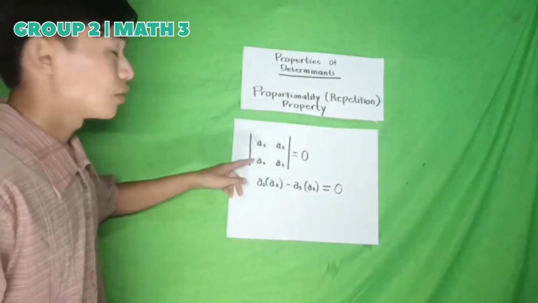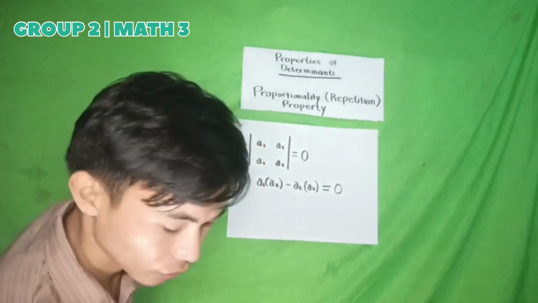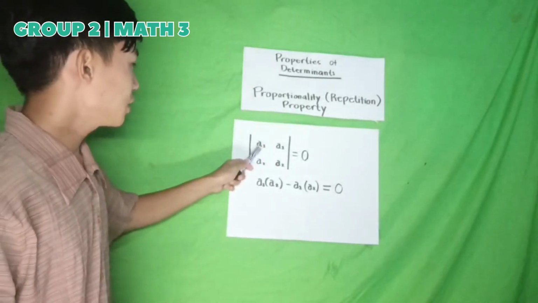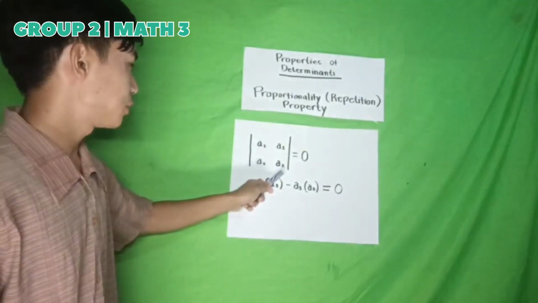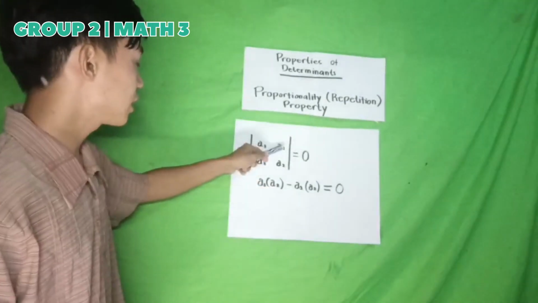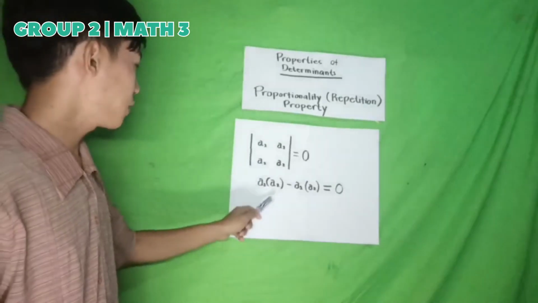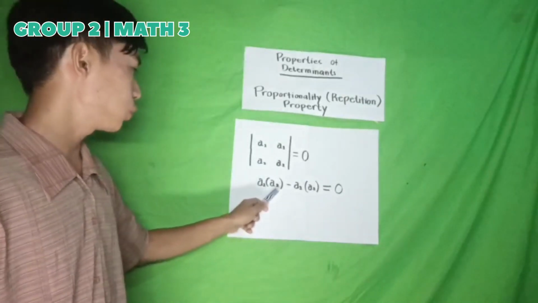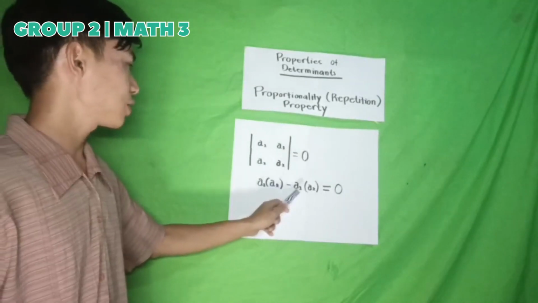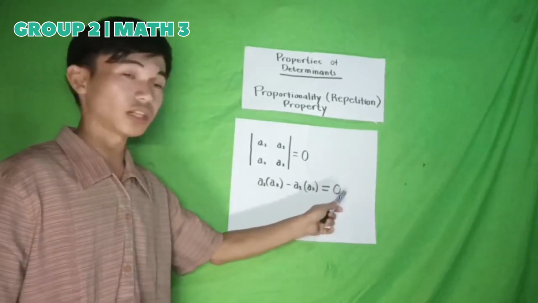So we have a sub 1 times a sub 2 minus a sub 1 times a sub 2. So we have the equation a sub 1 times a sub 2 minus a sub 1 times a sub 2 is equal to 0.